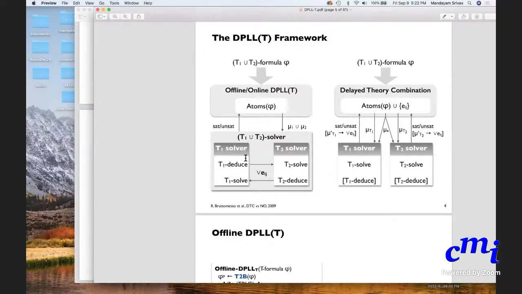Since linear real arithmetic is of particular interest to us, as our focus is on verifying DNNs, the first theory solver that we'll be looking at is an LP solver, a very popular algorithm for solving the conjunctive fragment of linear real arithmetic.